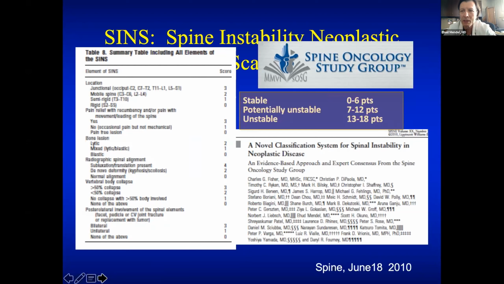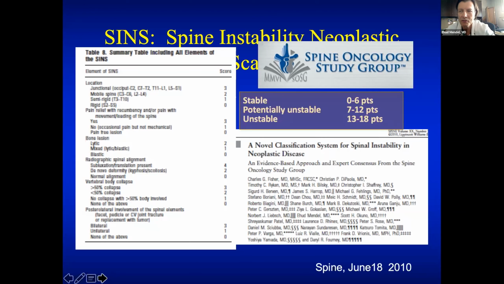Ultimately, you add the points according to this particular table. If you get 0 to 6 points, the spine is stable. If you get 7 to 12 points, the spine is potentially unstable. And if you get 13 to 18 points, then the spine is unstable.